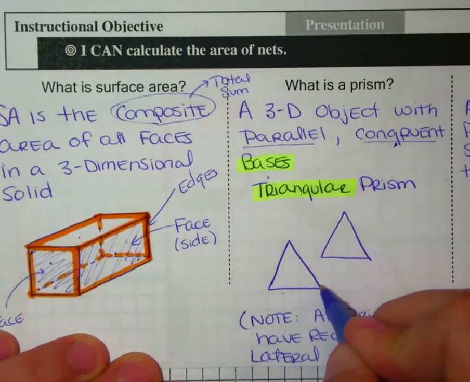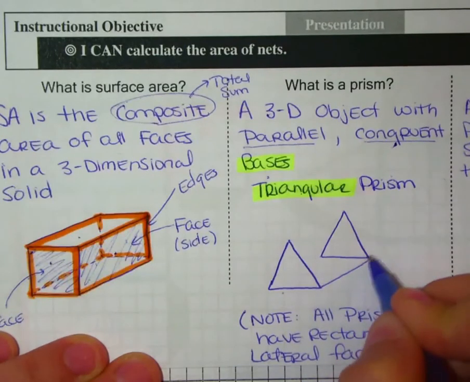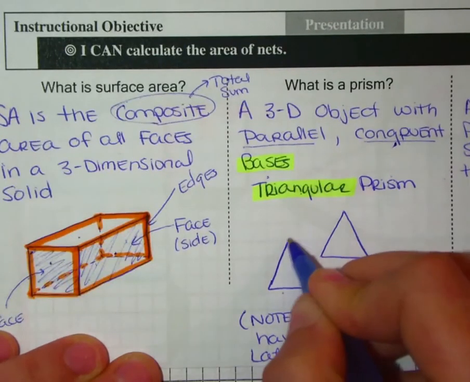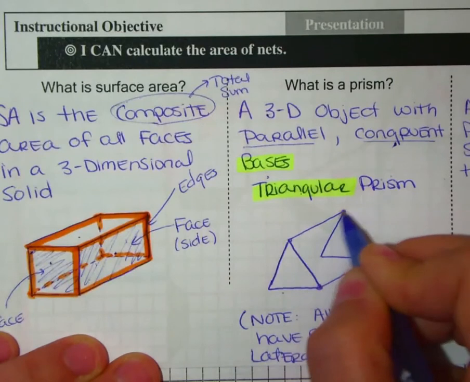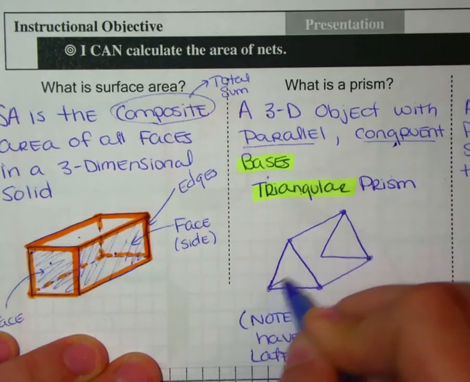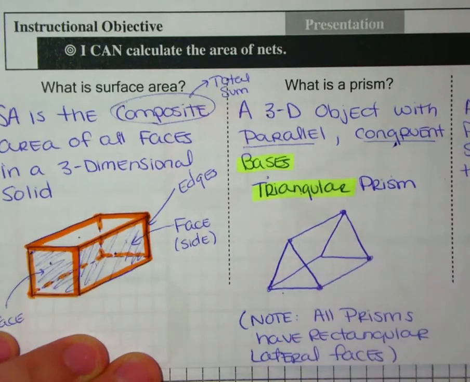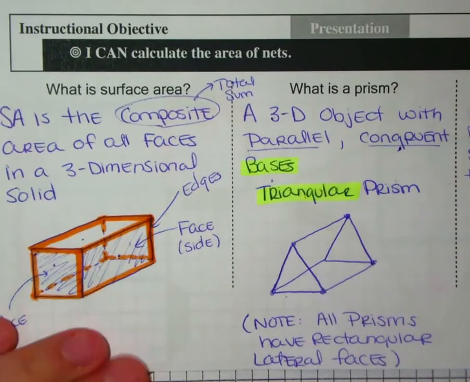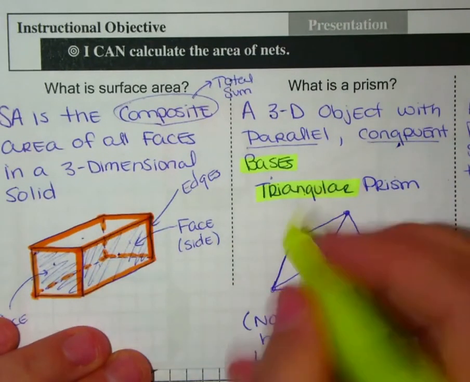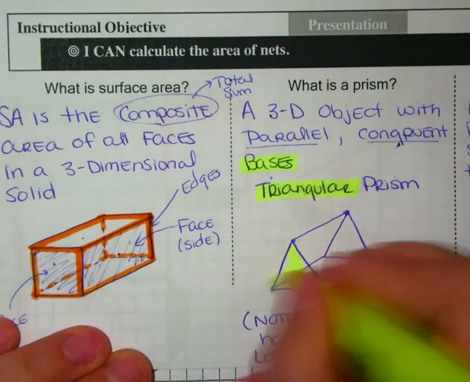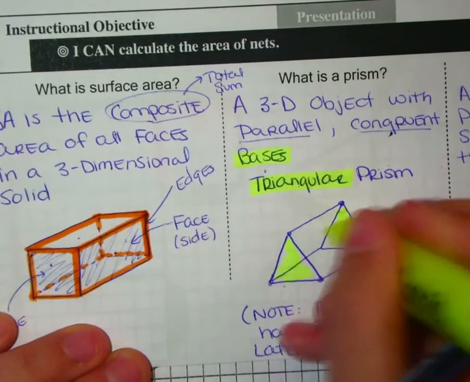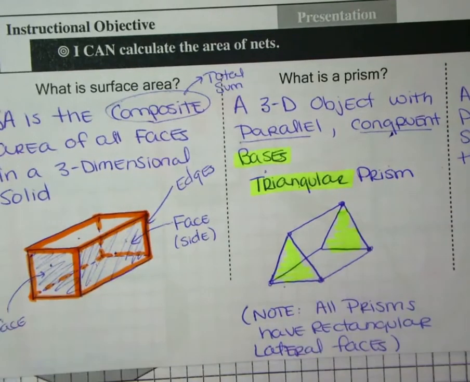Now, to show that this is a 3D solid, we're going to connect each of the vertices with an edge. Now you've drawn a 3D triangular prism. Again, it's a triangular prism because it has two congruent parallel bases.